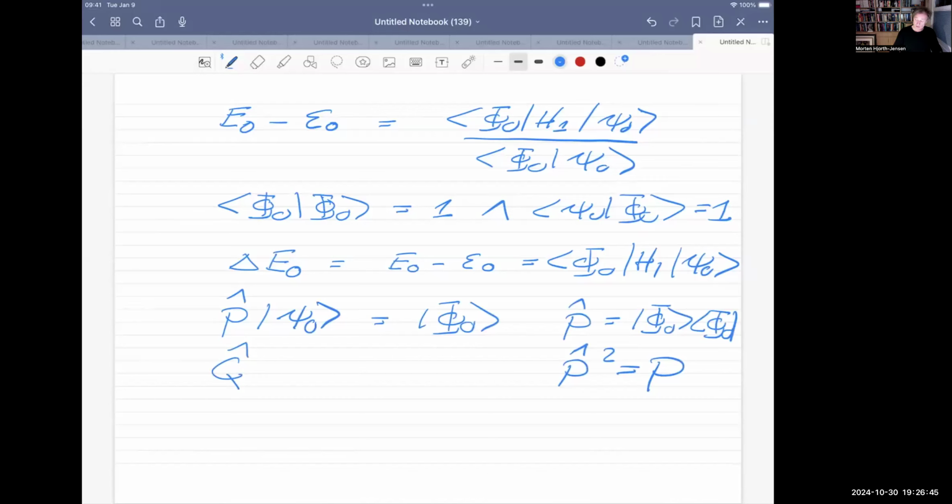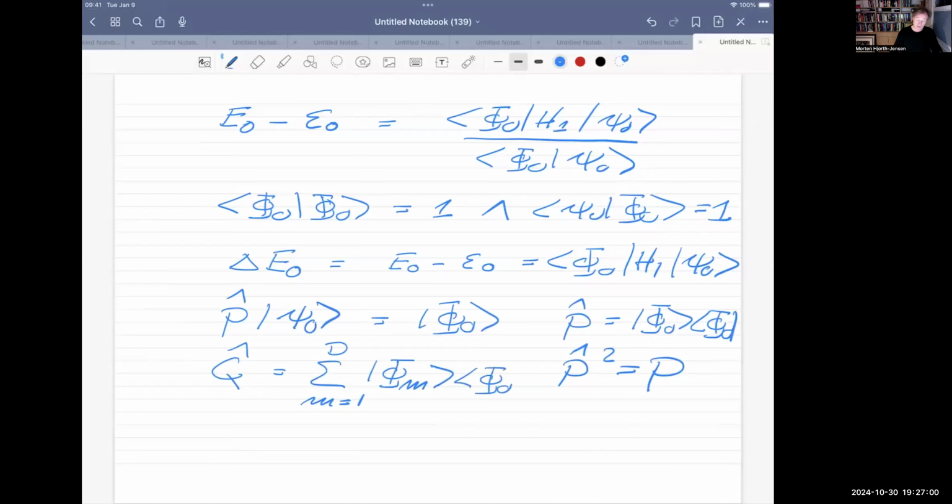And Q is then defined as the sum from m equal 1 in principle to infinity, but we are just going to put this one equal to D. And then it's now given by these remaining states.